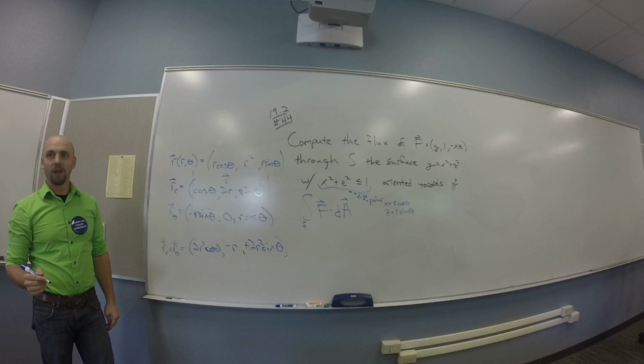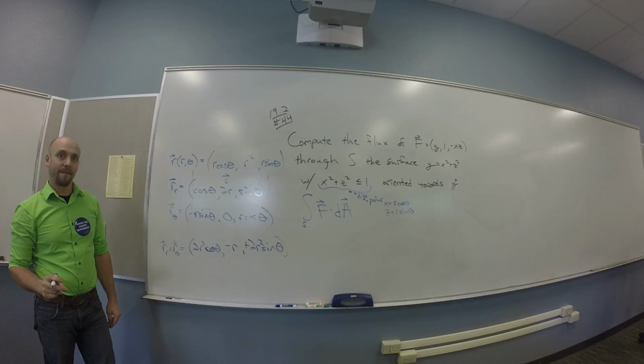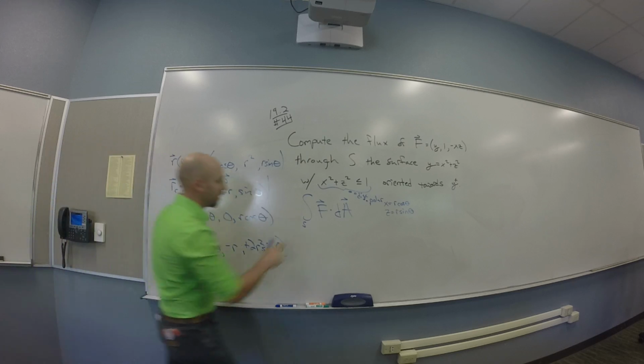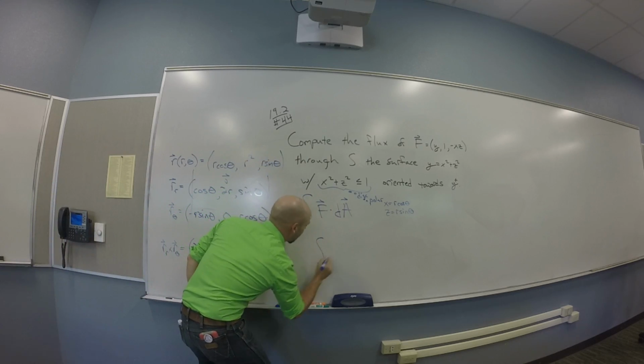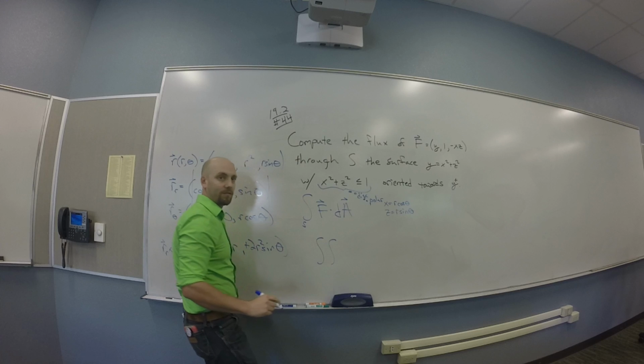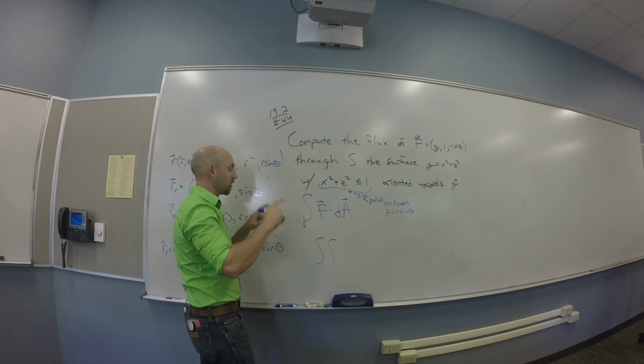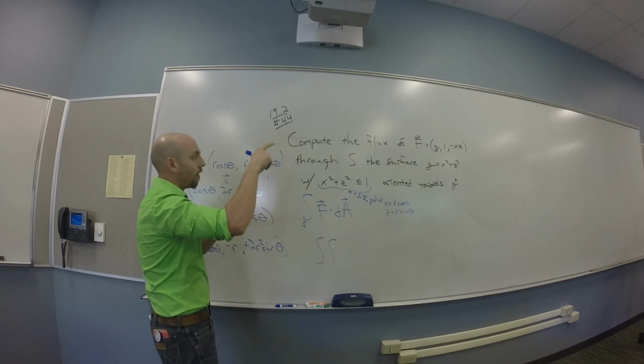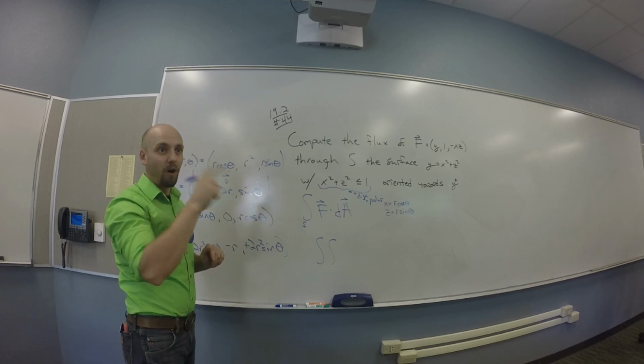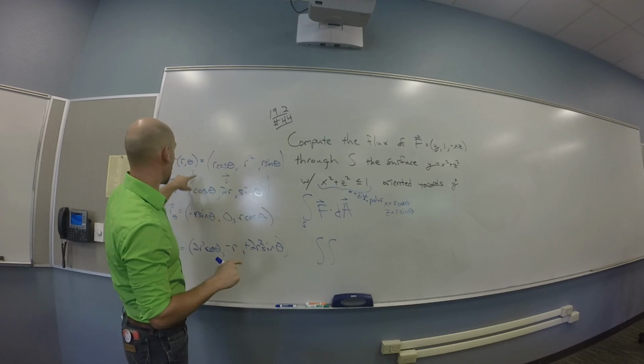Okay, and then we have our F of r. You need to take this and have the double integral of F of r and theta.